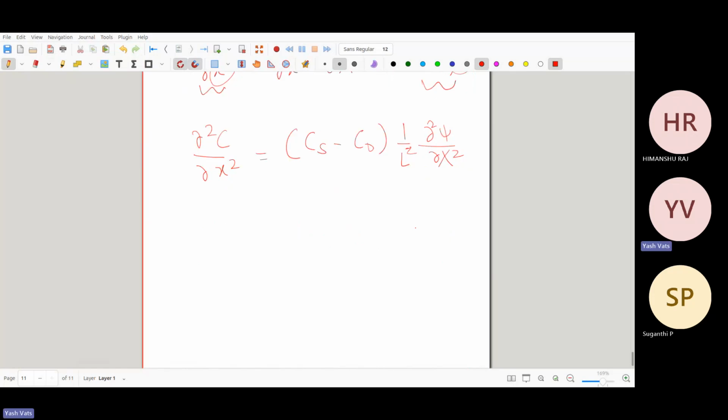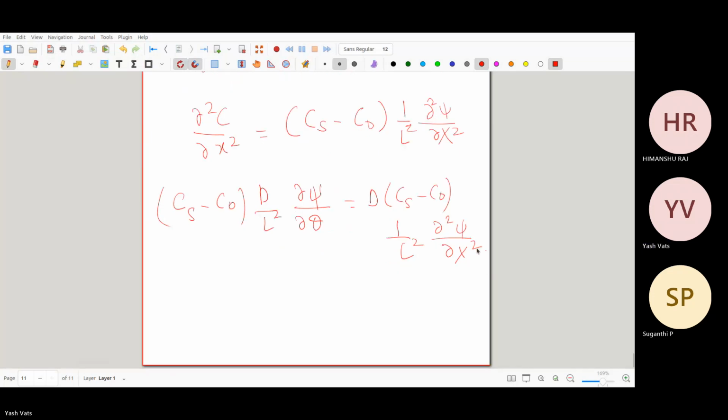So ultimately, you will get something like this. By substituting these on both sides, you will have del psi by del theta, which is same as D times Cs minus C naught by L square del 2 psi by del X square.